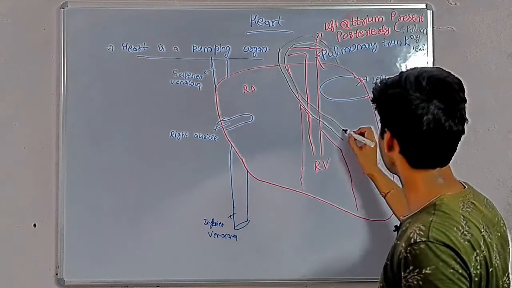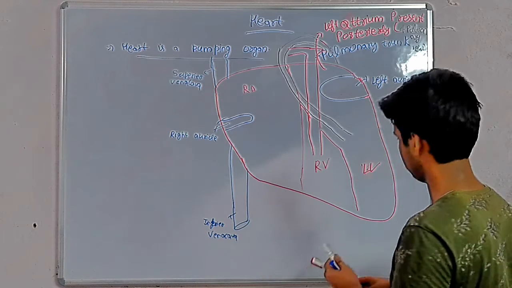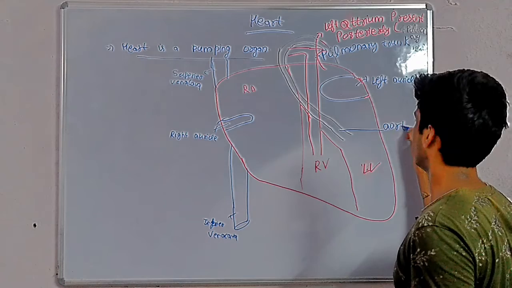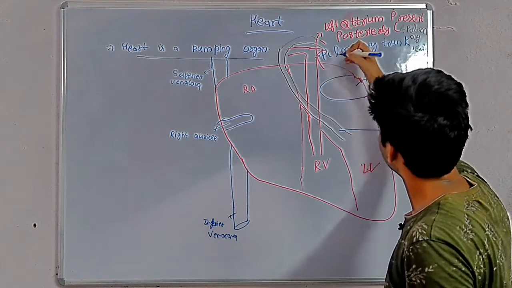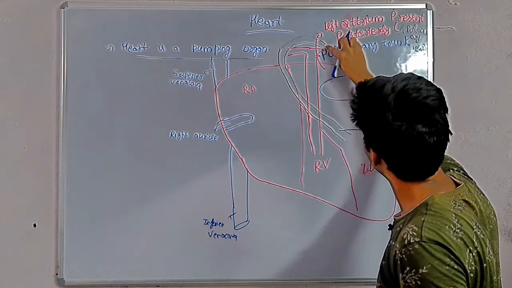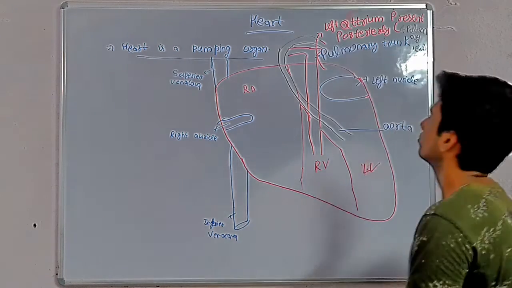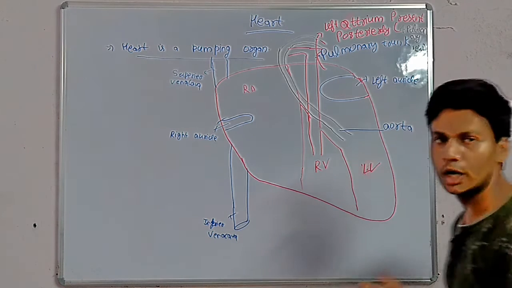So this is the aorta. This is the pulmonary trunk. So these are the major contents of the heart.